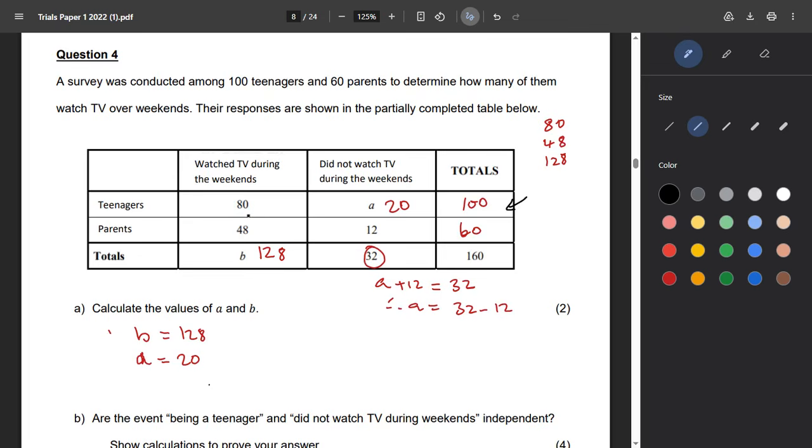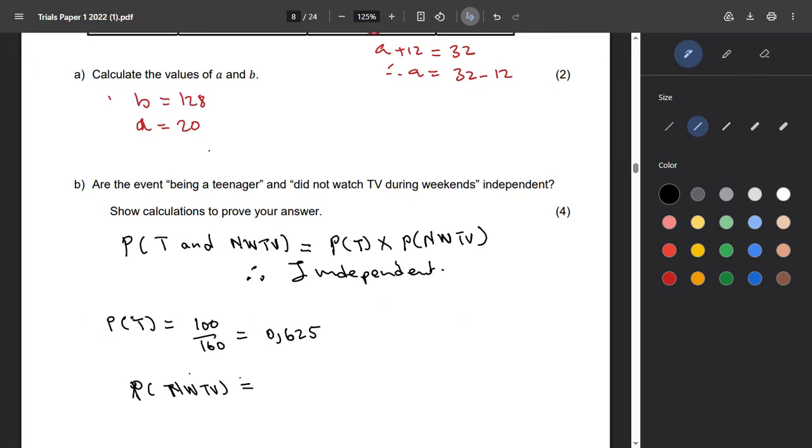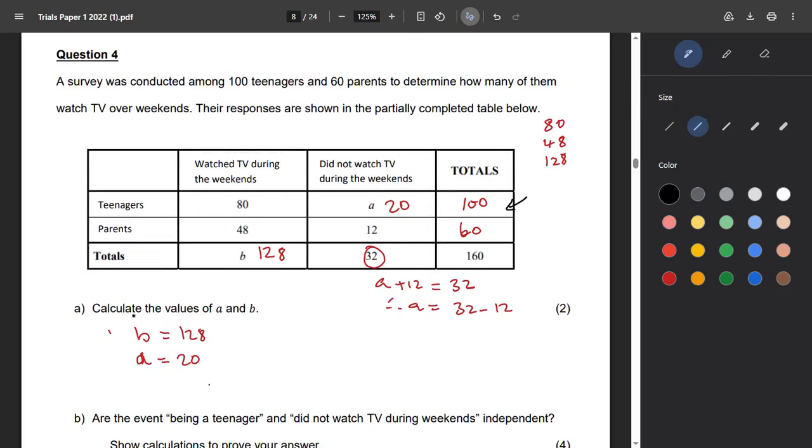Okay, so not watching TV. Remember, we need to use the total number of people who don't watch TV during the weekend, because for not watching TV, we don't specify if you are a teenager or a parent. So we can't say it's 20 over 160, because they did not say a teenager not watching TV.